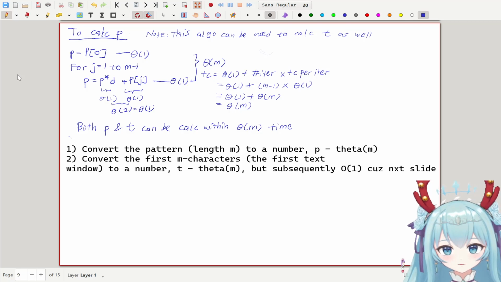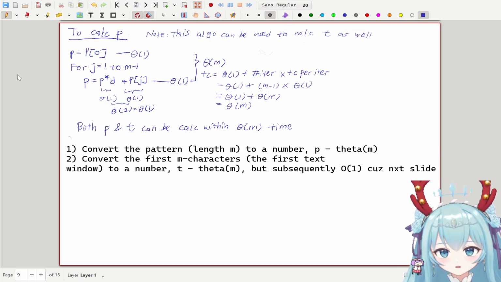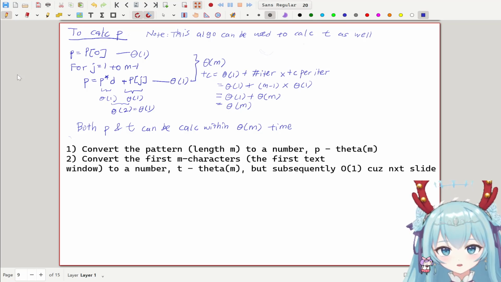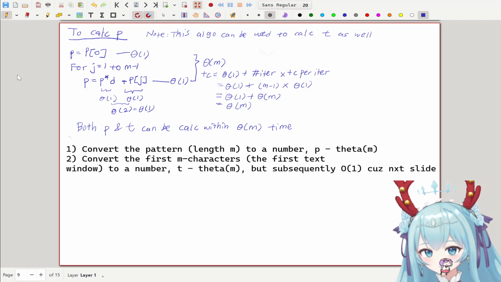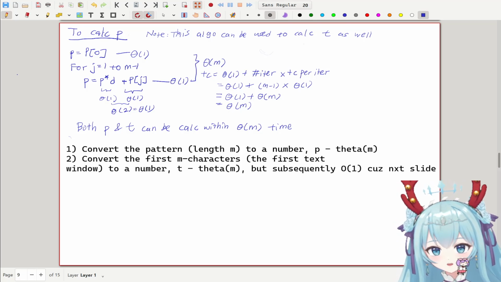And when we want to convert the first m characters in t, which is the first text window, to a number, it will also take theta of m, but subsequently it will take big O of 1, in linear time, which we'll explain in the next slide.